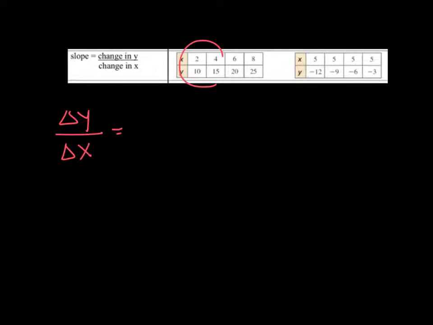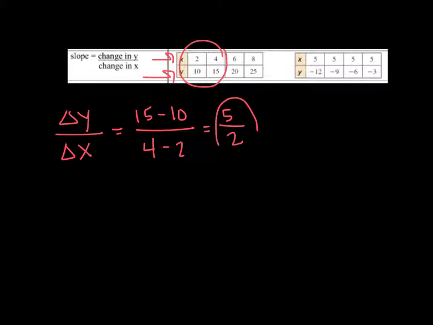So when I go to calculate this data, I'm still going to do 15 minus 10 in my numerator because y goes in my numerator. And then 4 minus 2, my x's, go in my denominator. 15 minus 10 is 5, and 4 minus 2 is 2. Therefore, the slope of that data is 5 over 2. All right, go ahead and pause and do the next one and check your work with mine.